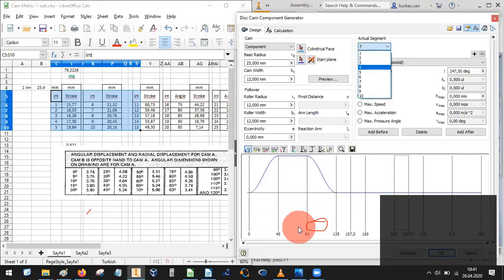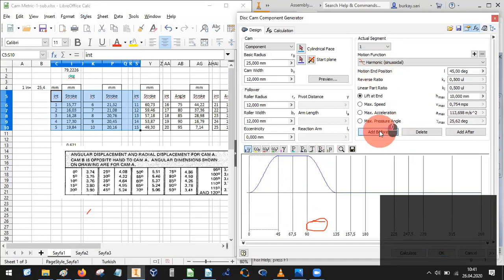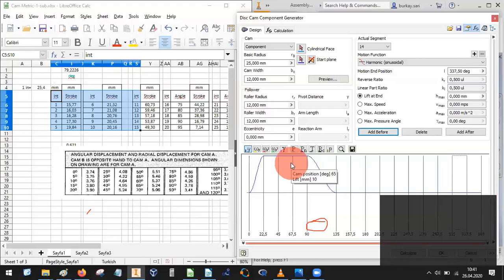I am waiting for your 26 segment creation. To arrange that segments, it is not important at this point.